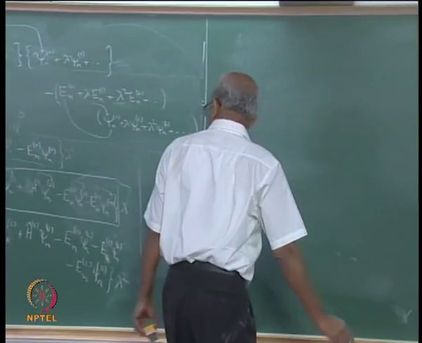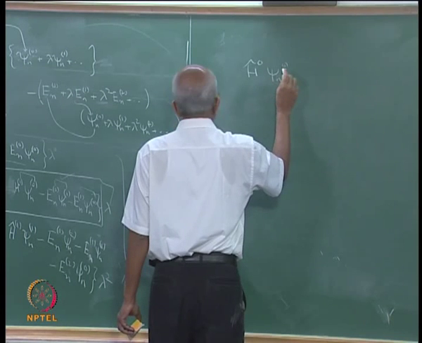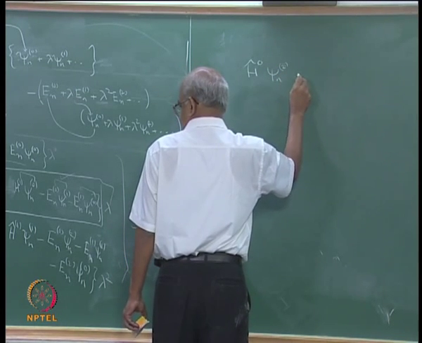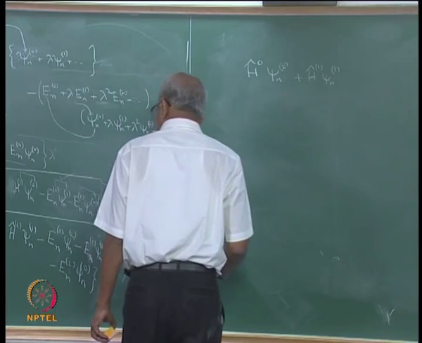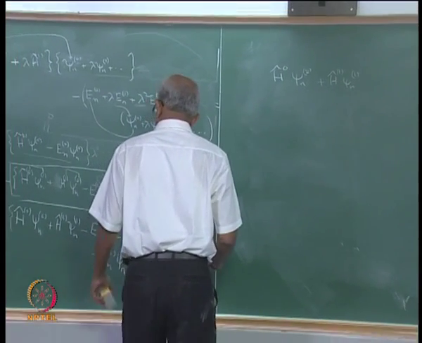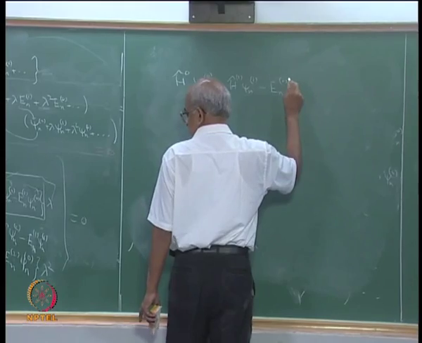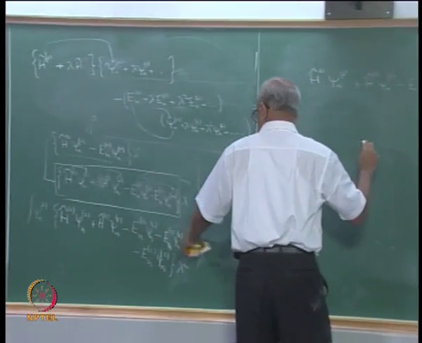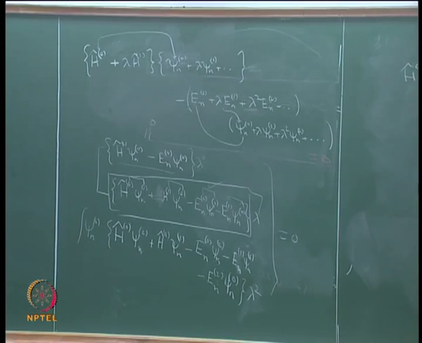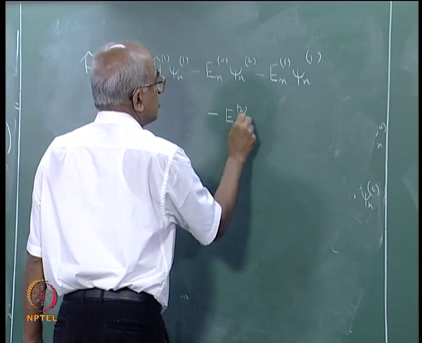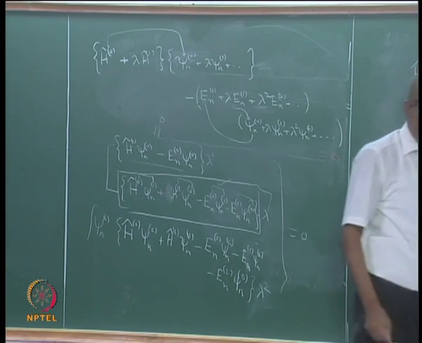I have to do it here: H0 psi n2 plus H1 psi n1 minus En0 psi n2 minus En1 psi n1 minus En2 psi n0 must be equal to 0, right. That is what the equation says. I hope I have not made a mistake.